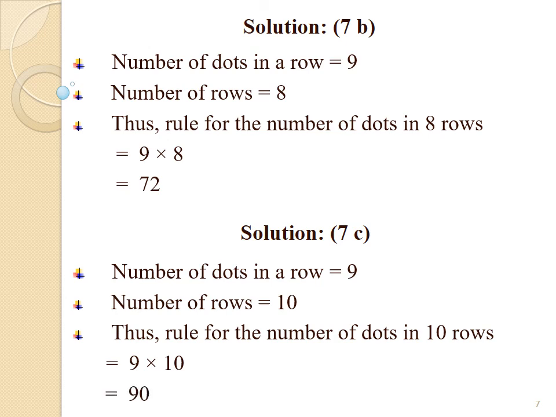So we can say that if there are r rows, number of dots are 9r. If there are 8 rows, number of dots are 72. And if there are 10 rows, then there are 90 dots.